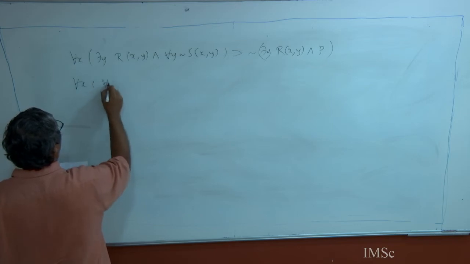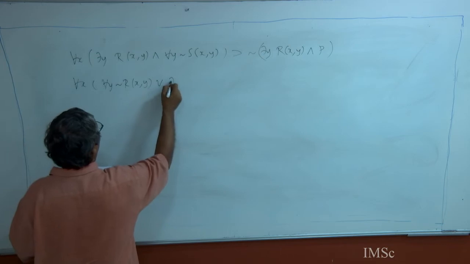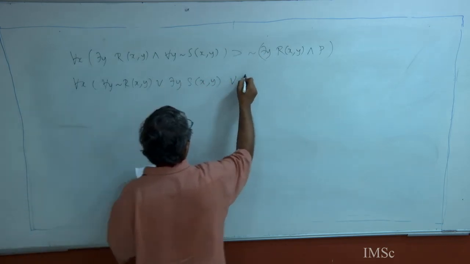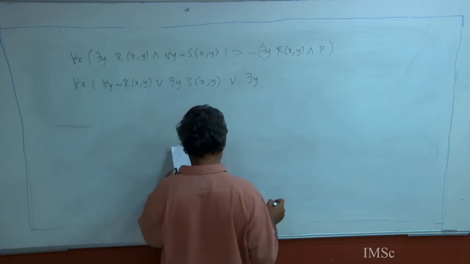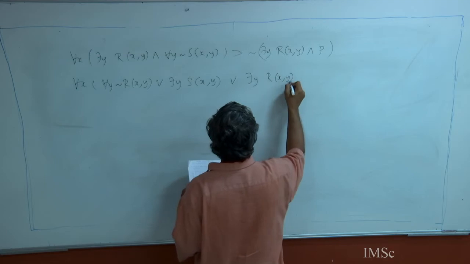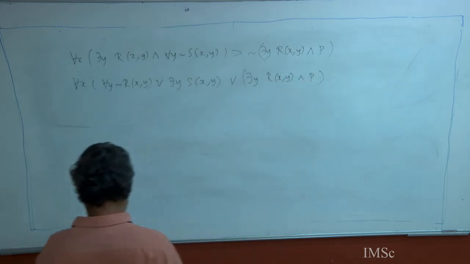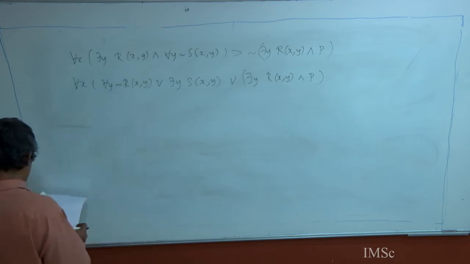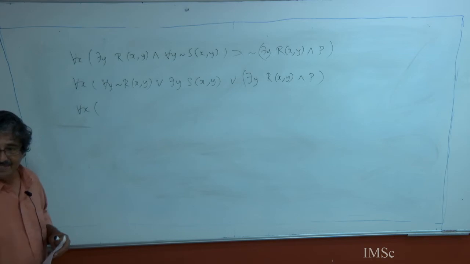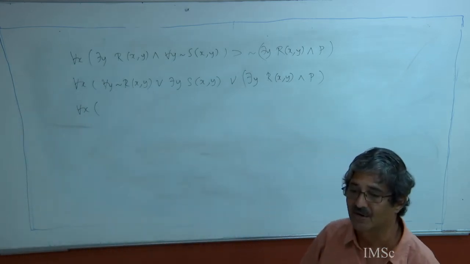for all y, not R x y, or there exists y S x y, or there exists y, and then you remember what we said is all these variables are renamed so that there is no clash at all.